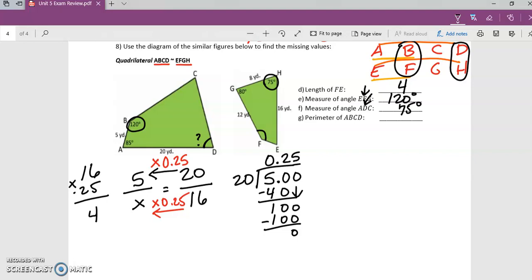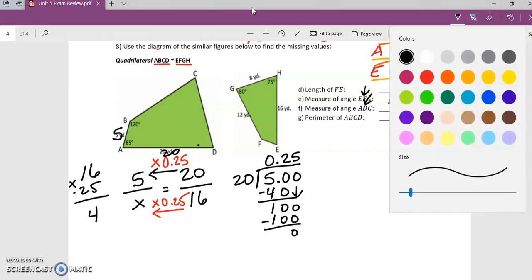And then for the last part, I want the perimeter of ABCD. So far I know that AB is 5, AD is 20, I don't know what BC is, and I don't know what CD is. So those are the ones I want to find.